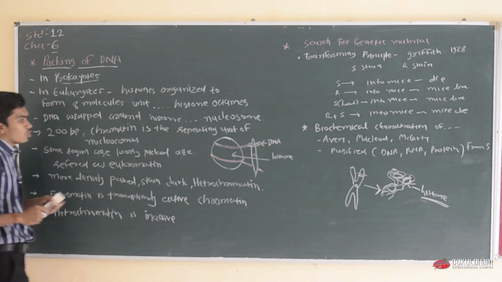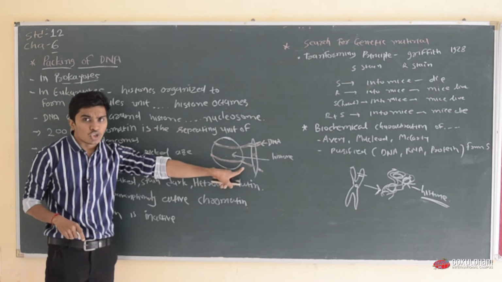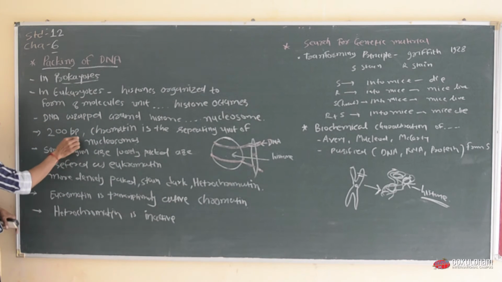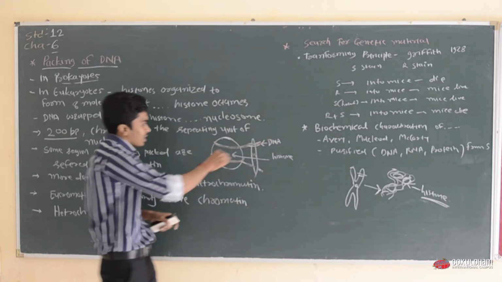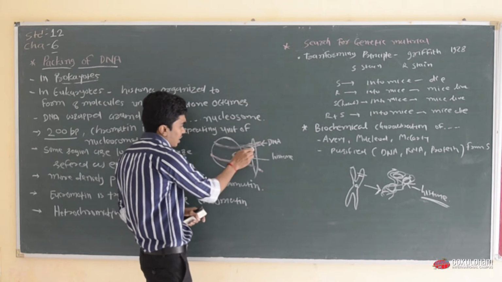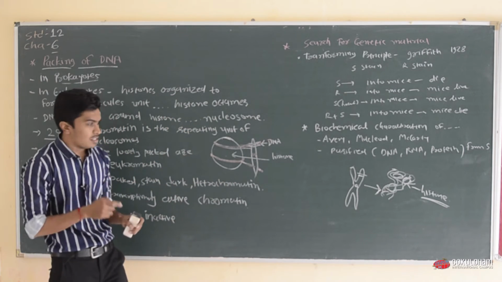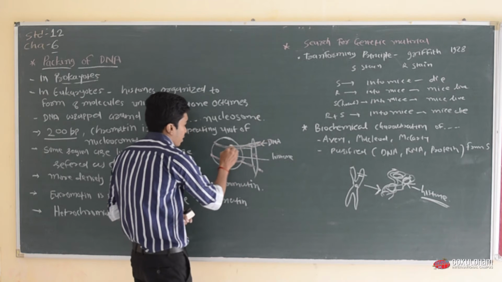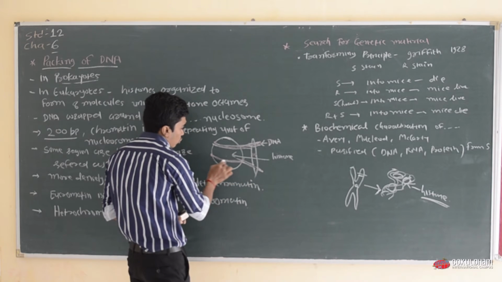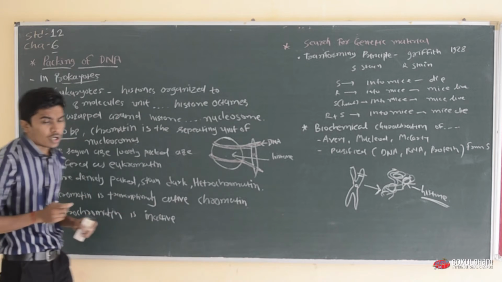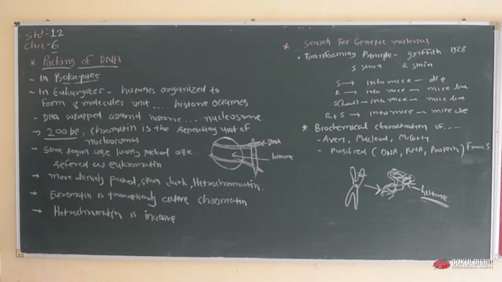Now in each nucleosome, this is the nucleosome, there are 200 base pairs, which means the length of this DNA, from here to here, is 200 base pairs.